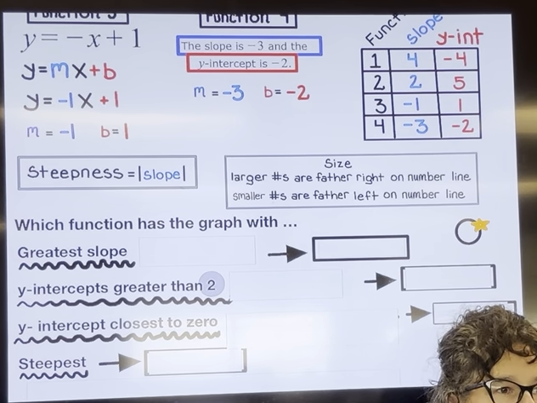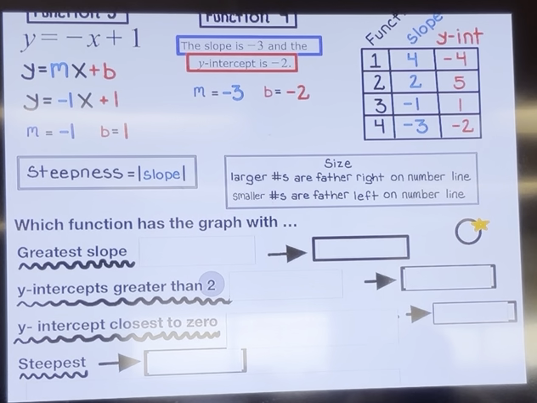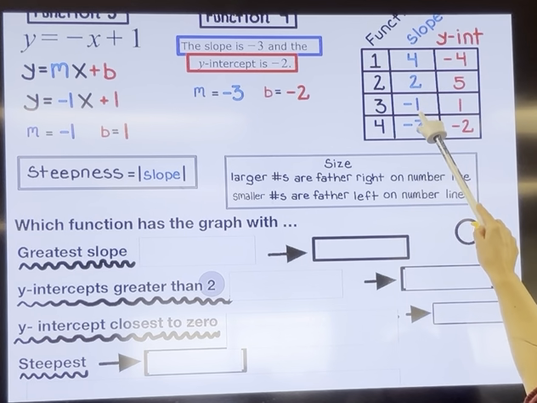So if I want the greatest slope, I'm going to just take all of these numbers that are my slopes, 4, 2, -1, and -3. I'm going to picture those in order. The number 4 would be the furthest to the right on the number line.